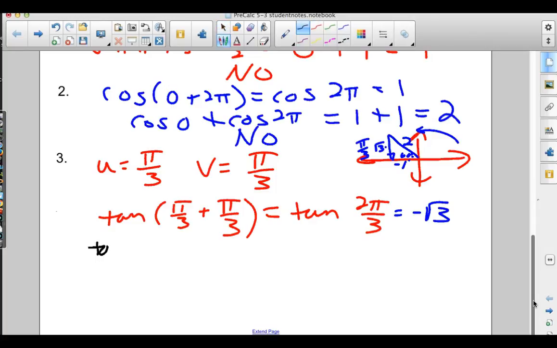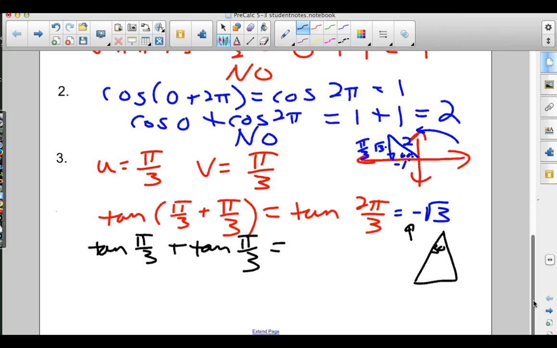Now, what if we do the tangent of pi over 3 plus the tangent of pi over 3? What do we get? Well, pi over 3 is 60 degrees, and we can just put that in quadrant 1. Now our square root of 3 is here, our 1 is here, and our 2 is here.